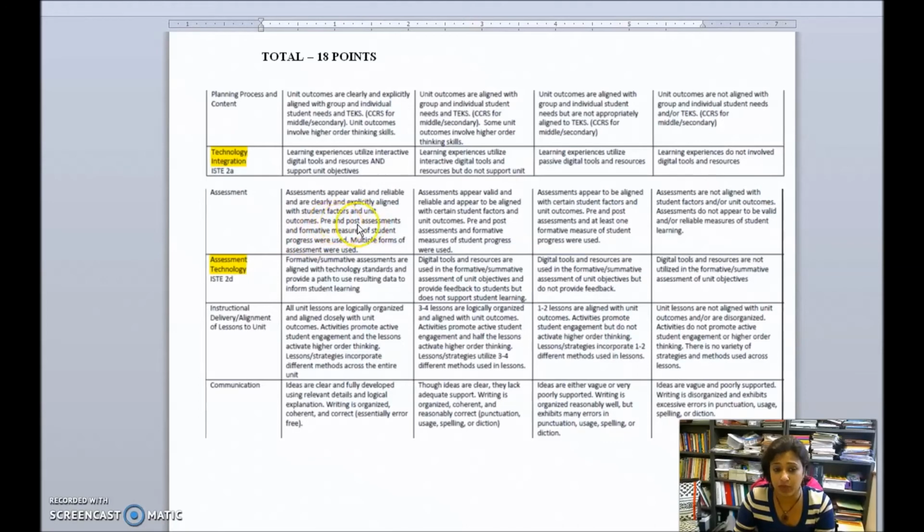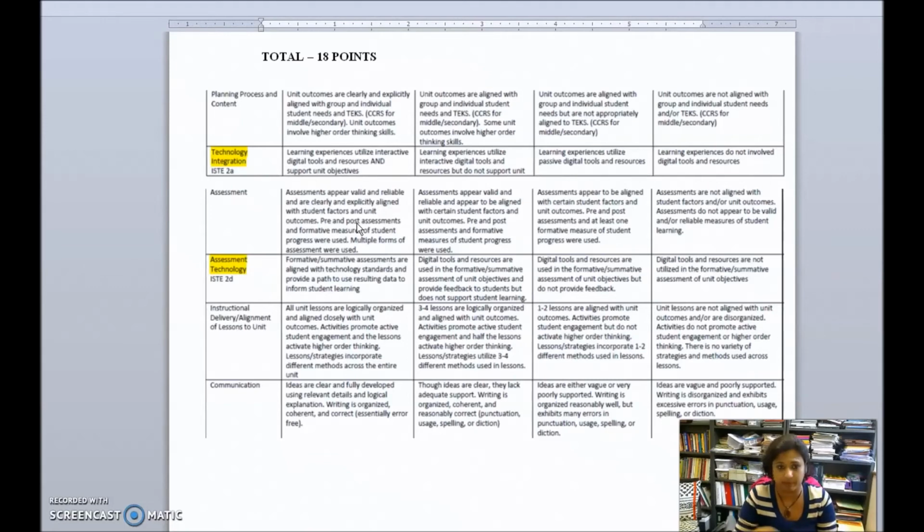If you don't have pre and post assessment, you are actually going down to this last level, because you have to have formative assessment, you have to have pre and post, and you also have to have multiple forms of assessment. For example, you have to have performance-based, paper pencil, rubric, observational, and alternate form.